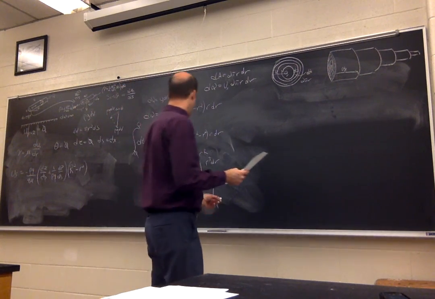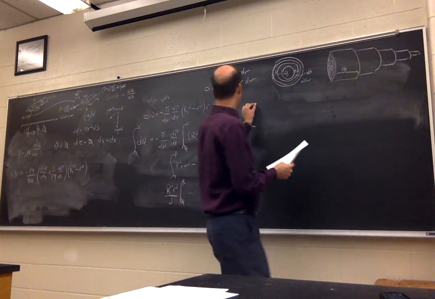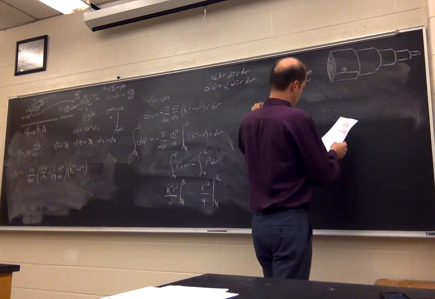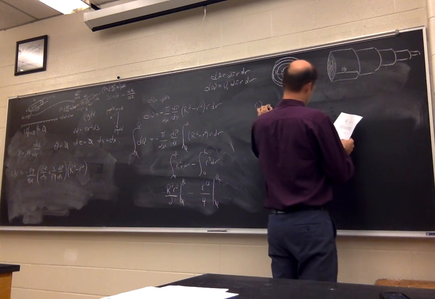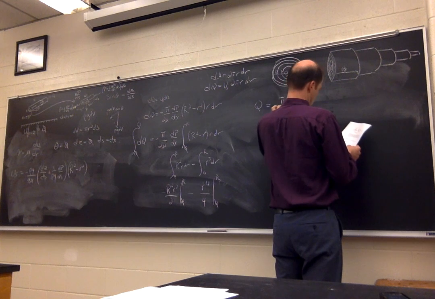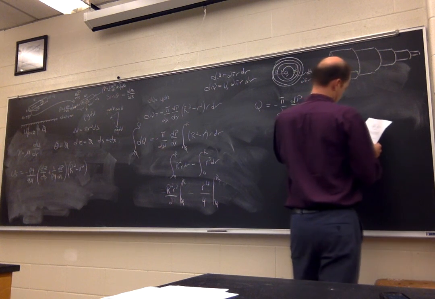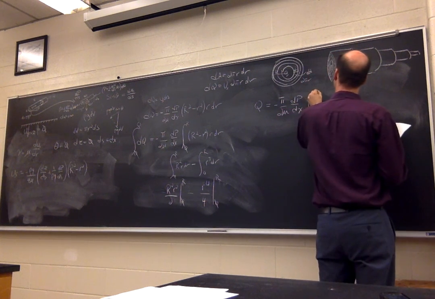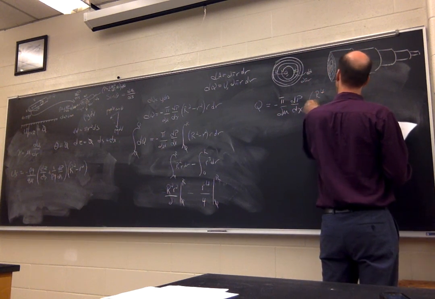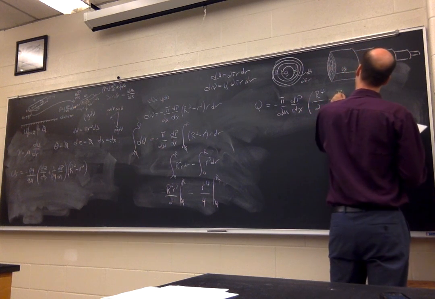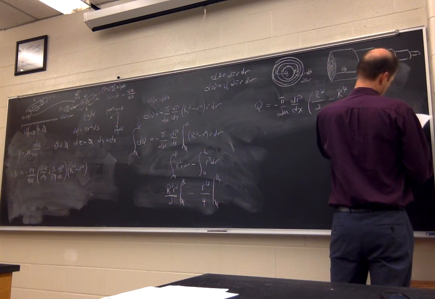So what I have when I do that is Q now, because I've summed up the whole discharge, is equal to minus pi over 2 mu dp dx, those are the constants that I had, times big R to the 4th over 2 minus big R to the 4th over 4.